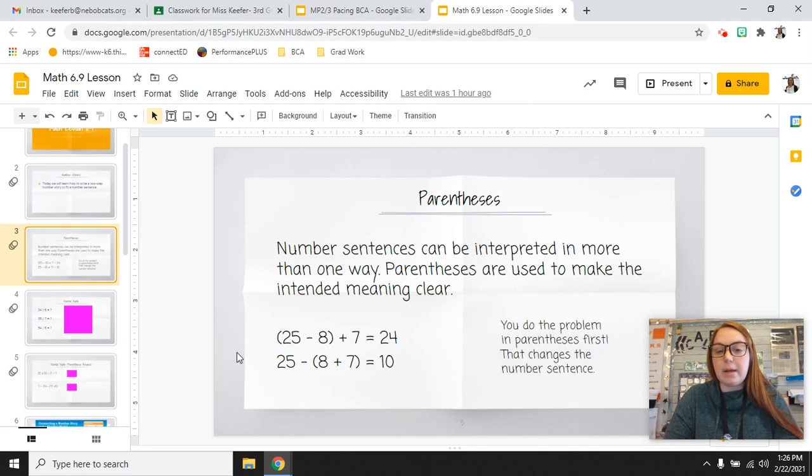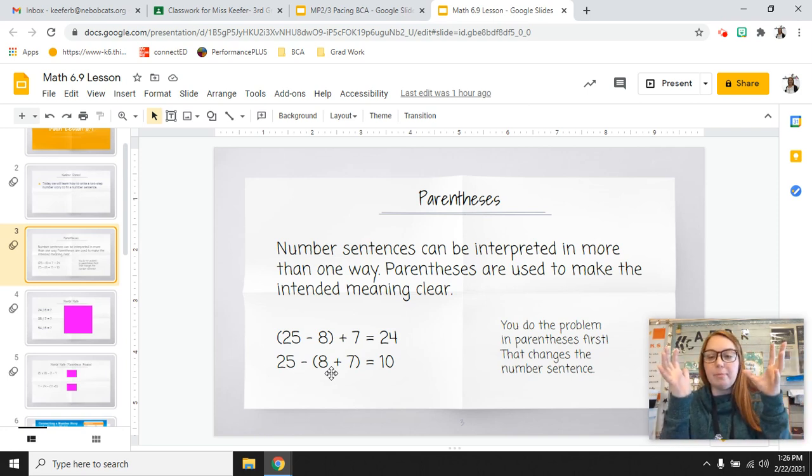Both of them have the same numbers, the 25 minus 8 plus 7, but where the parentheses are changed. So in this case, we did 25 minus 8 first, and then we added 7 to get 24. Where this one, we set the 25 to the side and did 8 plus 7 first.